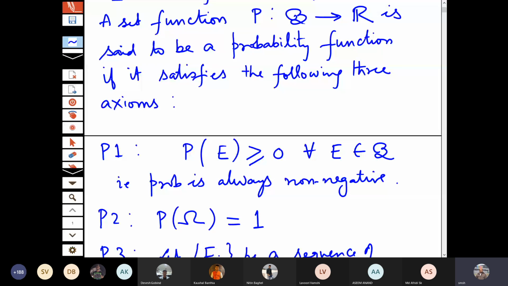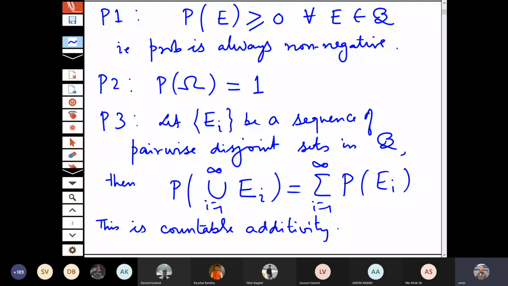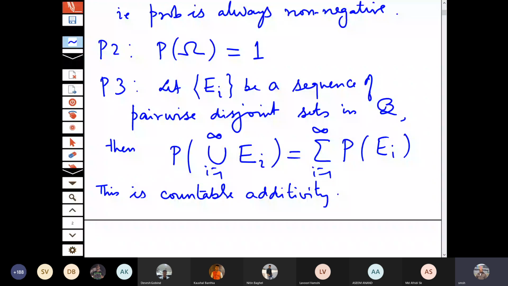So for any event, we define a real number, and it is called a probability provided it satisfies these three axioms. One is it should be non-negative. Second is the probability of the sure event is 1. And the third one is that if I have pairwise disjoint events, then the probability of their union is equal to the sum of the probabilities. This is called the axiom of countable additivity.